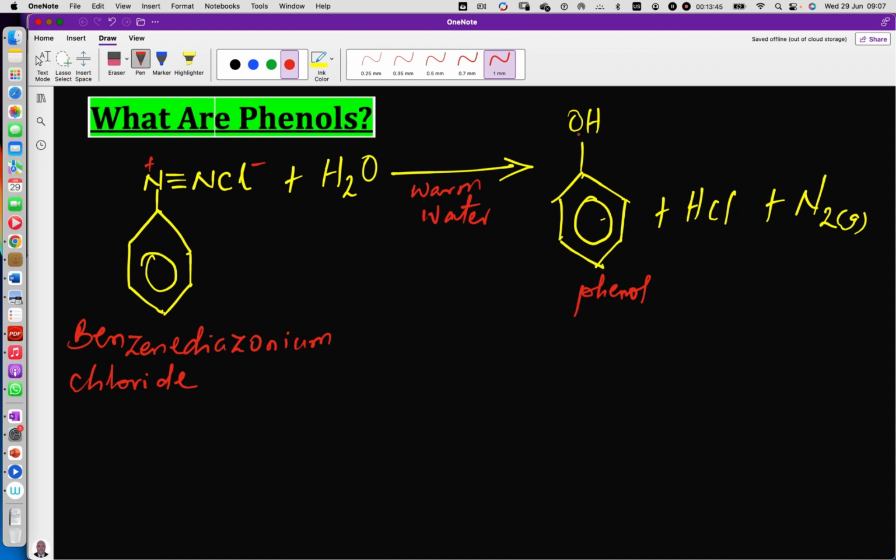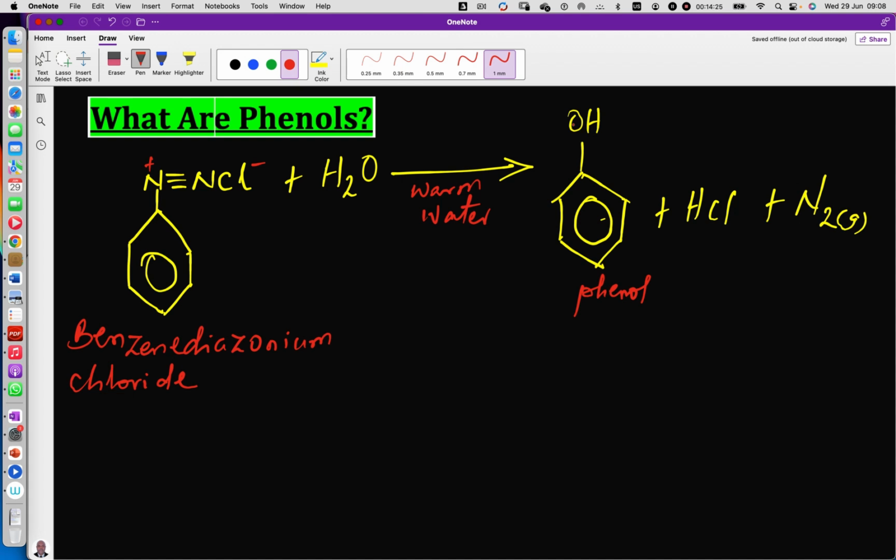This will increase the electron density of the delocalized electron system. I say when one of the lone pairs of electrons on this oxygen of the OH overlaps with the delocalized electron system of the benzene ring, it increases the electron density of the ring.